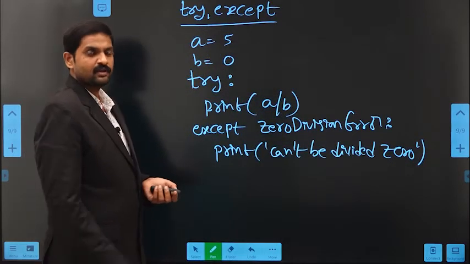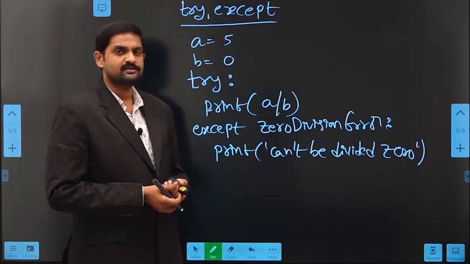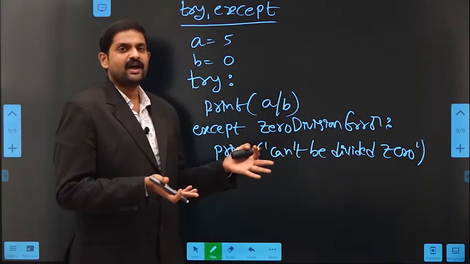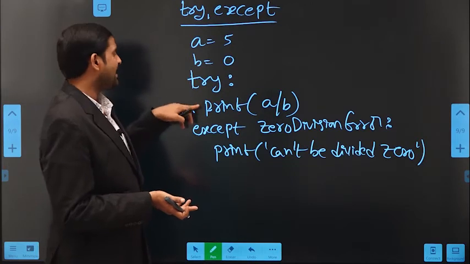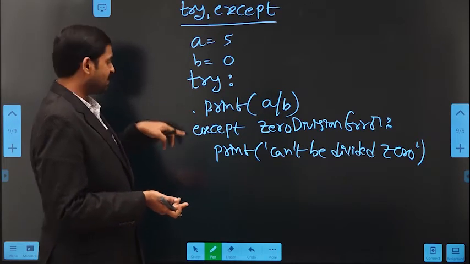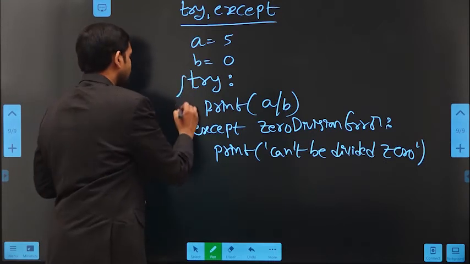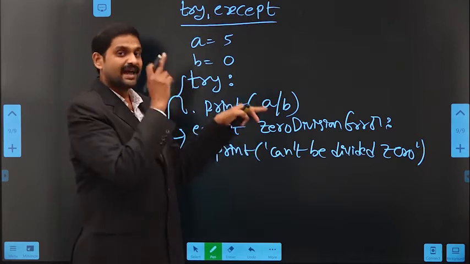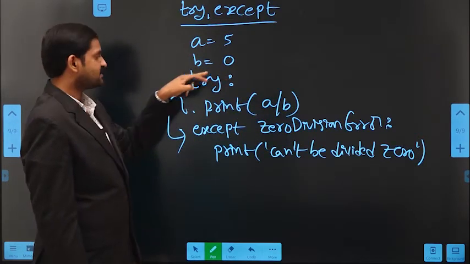So how do we handle divide by 0 exceptions? Whatever statements can generate exceptions should be in the try block, and to handle such exceptions we write the catch block followed by the try. Here the except block plays the catch block role. A = 5, B = 0.